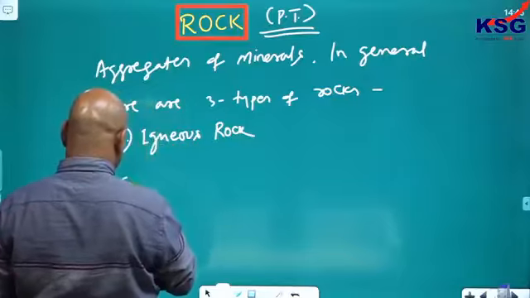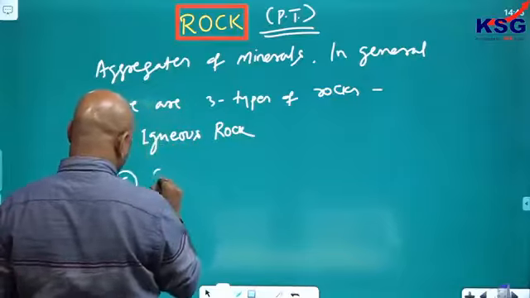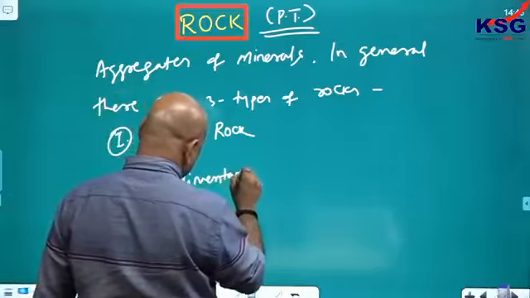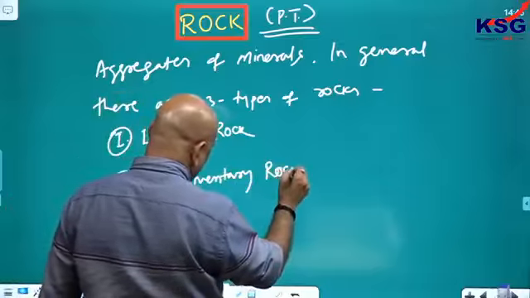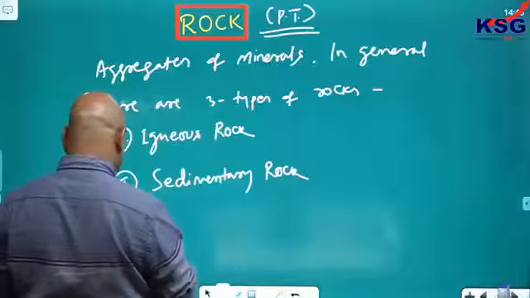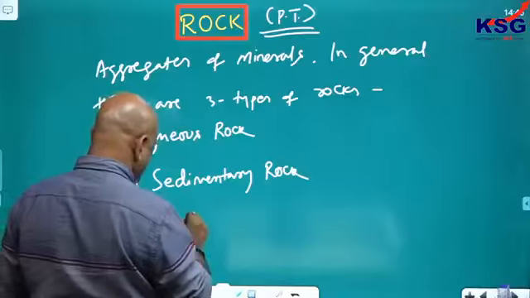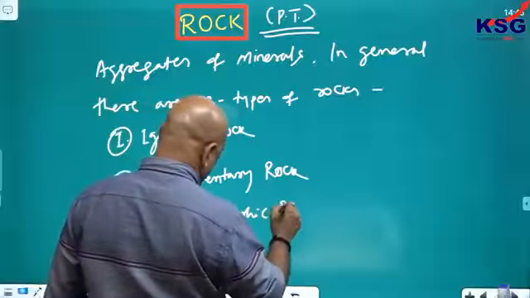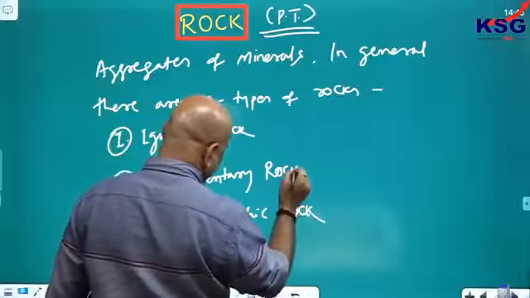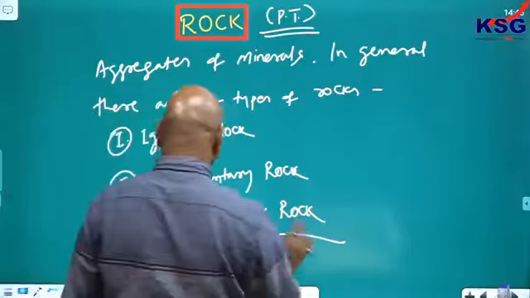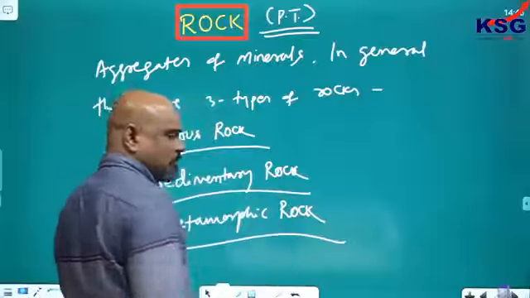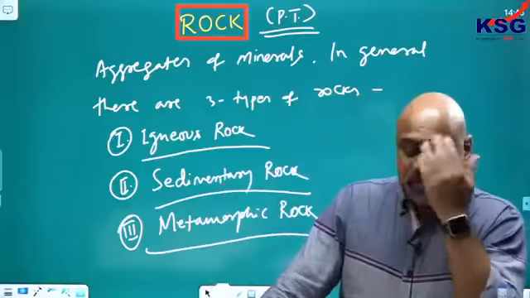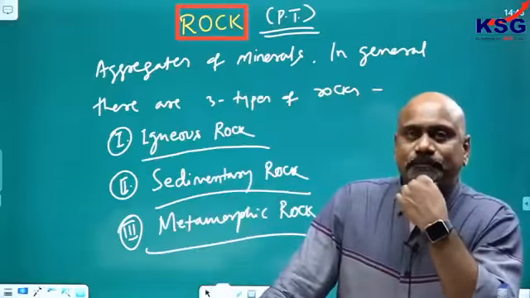Second, sedimentary rock. And third, metamorphic rock. So we have 3 types of rocks: igneous, sedimentary and metamorphic rock.